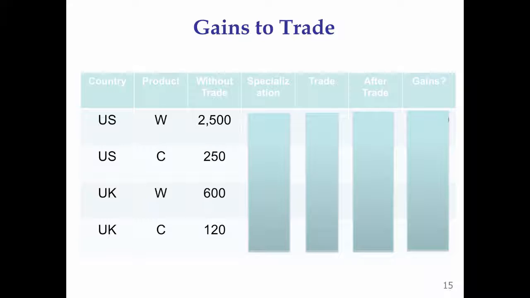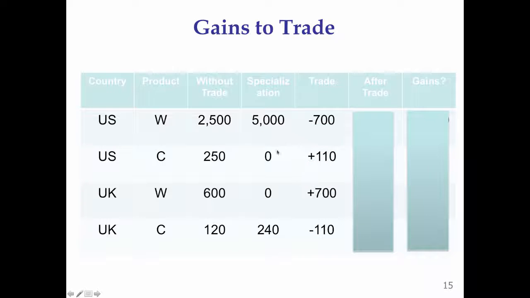Now you say, all right, what if they do trade? Well, if they do trade, they're going to specialize, and you specialize in the good for which you have the lower opportunity cost. We figured out in the US that was wheat, so they produce all 5,000 tons, and in the UK that's computers, so they would produce all 240 computers, and then they trade. Again, those are the numbers on the previous slide.